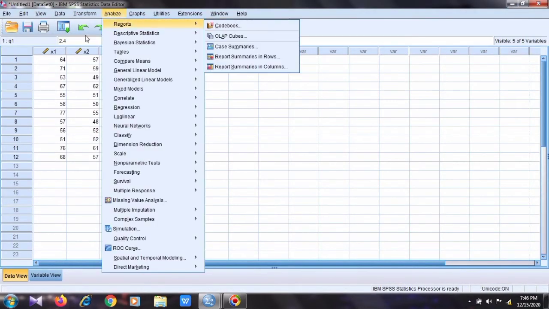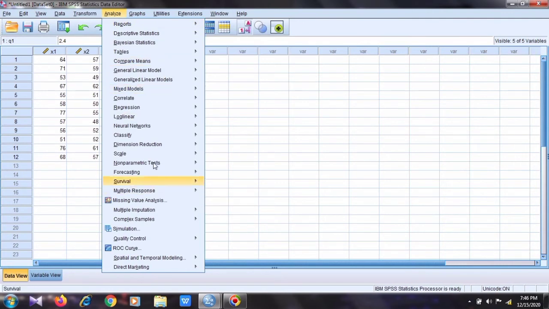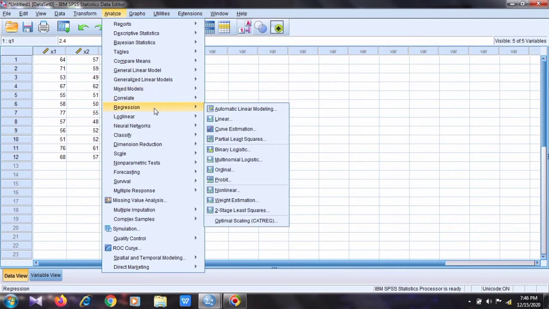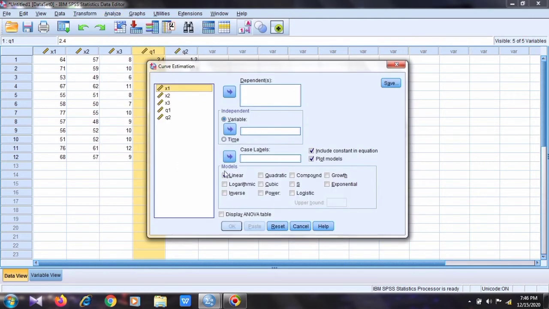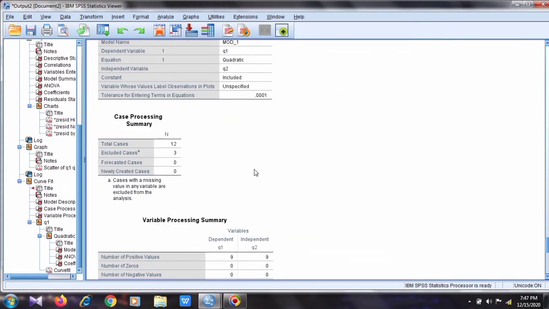In Analyze you can go for Regression. There is Curve Estimation. In Curve Estimation you will have Quadratic models. Here the dependent variable, let it be q1 and the independent variable be q2, and then click on OK. If you need an ANOVA table, you can click on the ANOVA table also.